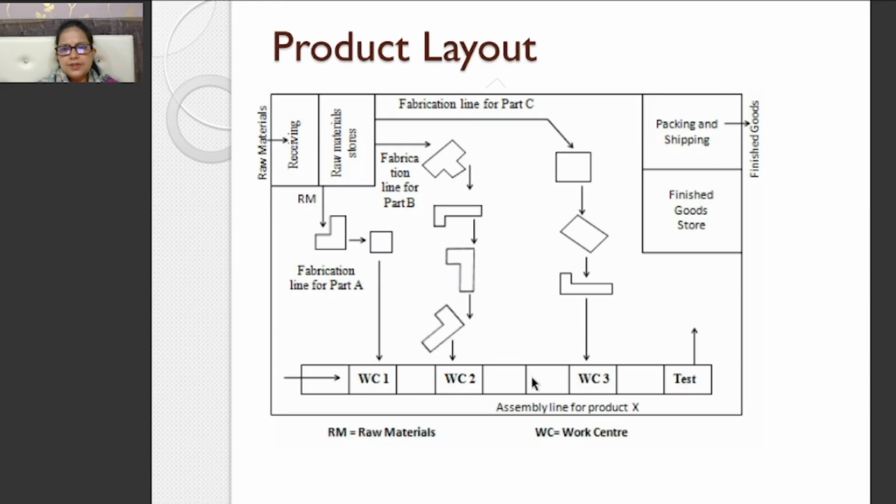This is fabrication for part A, fabrication line for part B, fabrication for part C. When all are coming to one work center, all the parts are assembled, everything is done, it is tested, and then goes to the finished goods store.